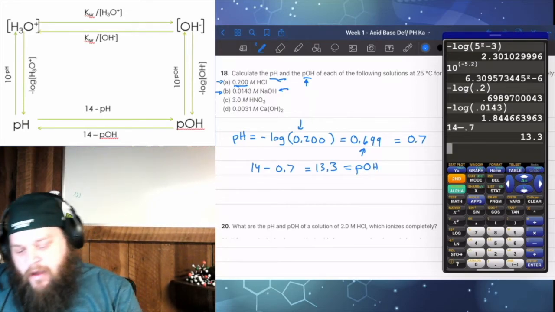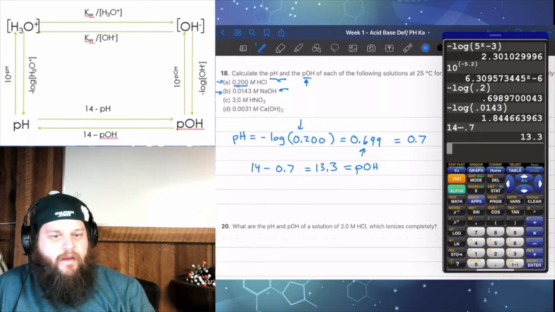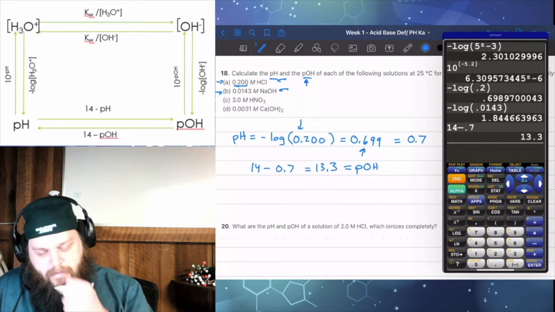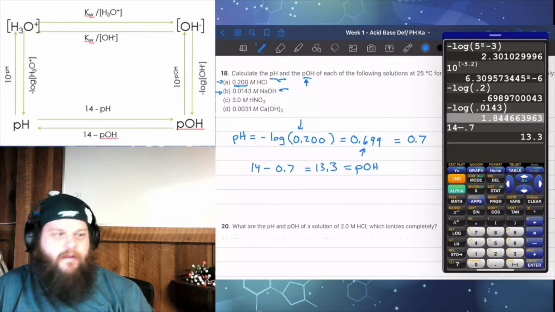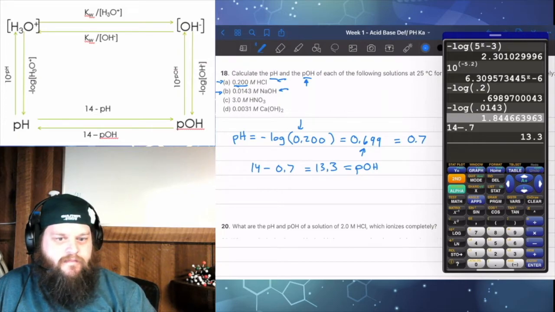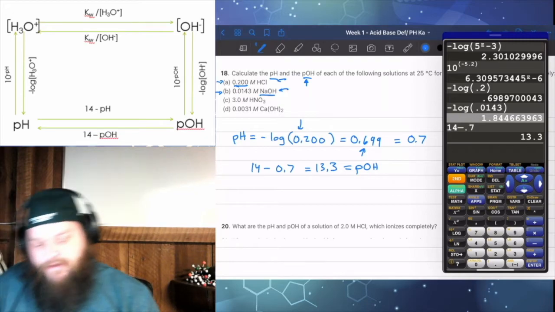I also wanted to point out for part B, that value you found, is that for the pH or the pOH? This value here. Exactly, because this is NaOH, sodium hydroxide.